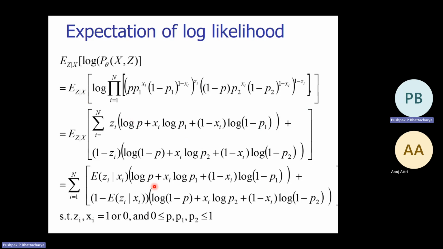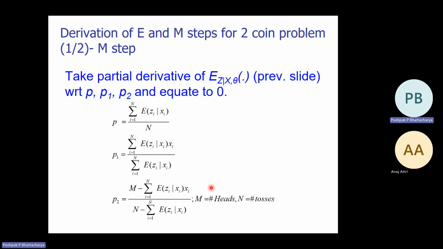So when you keep doing so, then you come to this expression, and taking the partial derivative of this expectation expression, we find the probability of choosing the first coin comes out to be the expectation of Zi given xi, i equal to 1 to n, divided by n. That is, the expected number of times the first coin is chosen.